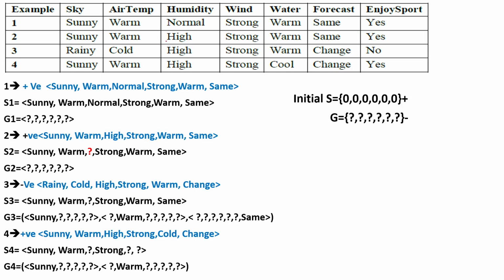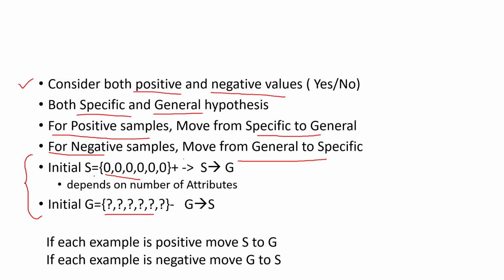We'll take the examples one by one. Now we have to see the last column, which is the concept. The last column here, it is a positive example. In this case, the specific hypothesis is initialized to 0, 0, 0, 0, 0, 0, and the general hypothesis is initialized to question mark, question mark, question mark, question mark, question mark, question mark.